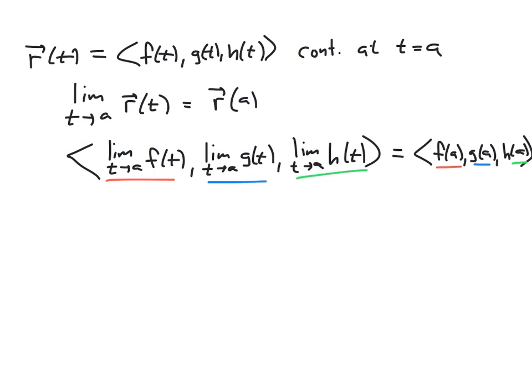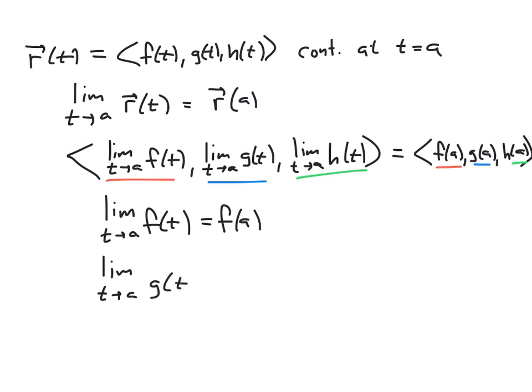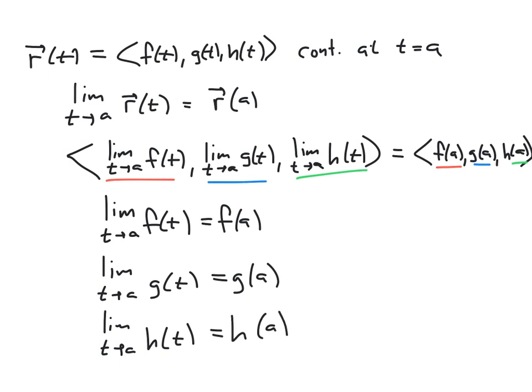Right? And so what we have here is we have to have the limit as t approaches a of f of t equal to f of a. We need to have the limit as t approaches a of g of t equal to g of a. And the limit as t approaches a of h of t equal to h of a.